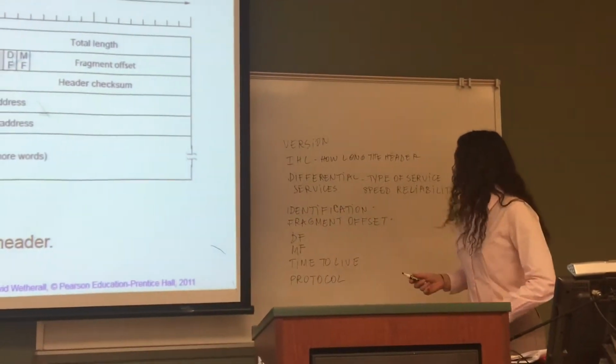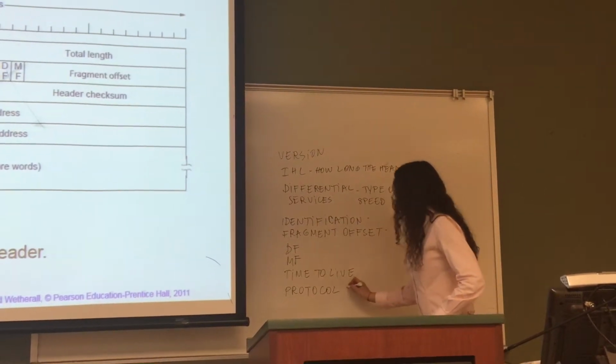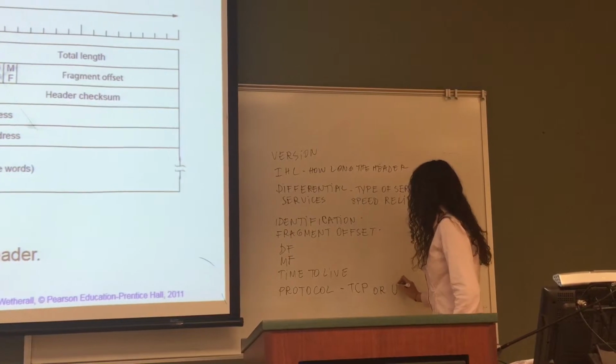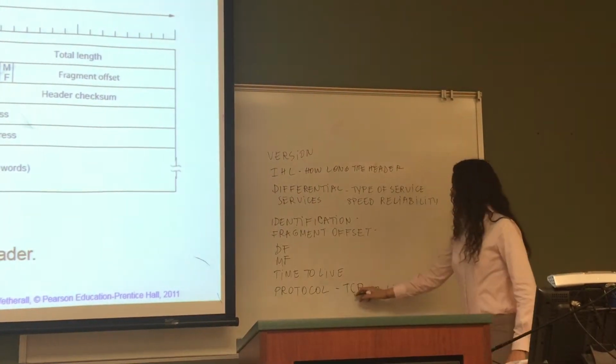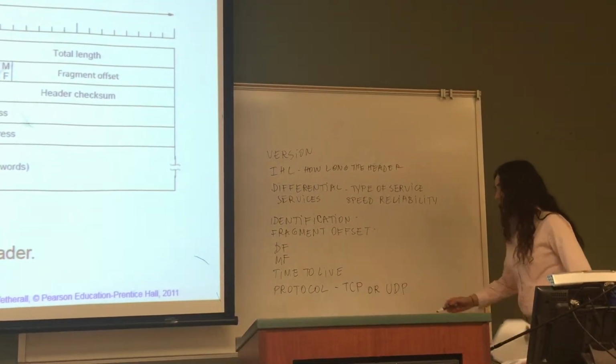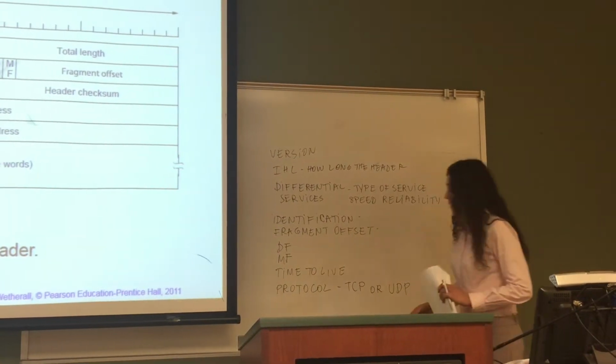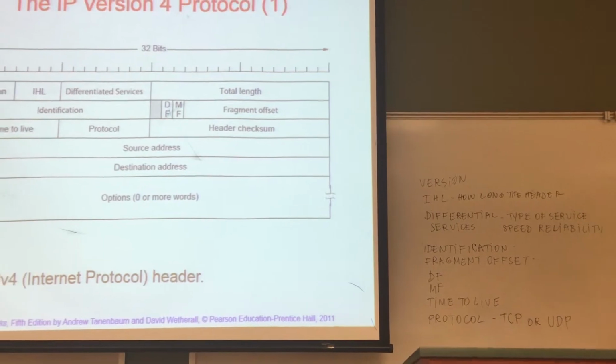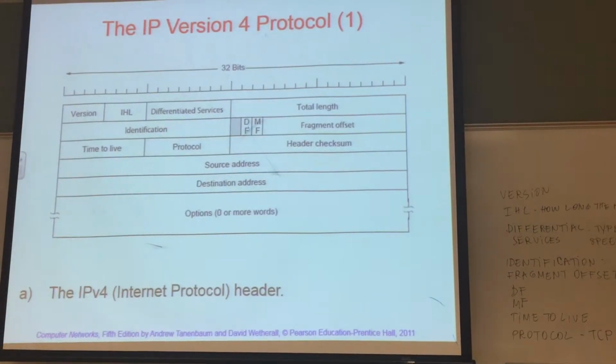The transport layer is running two different protocols: the Transmission Control Protocol or the User Datagram Protocol. This field specifies which of these two protocols to give it to when it's received.